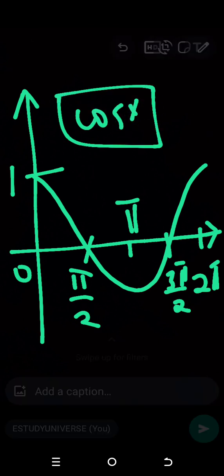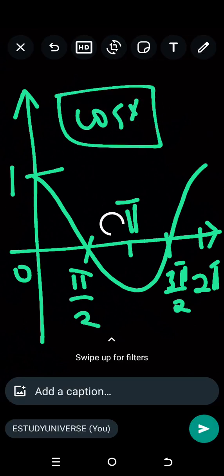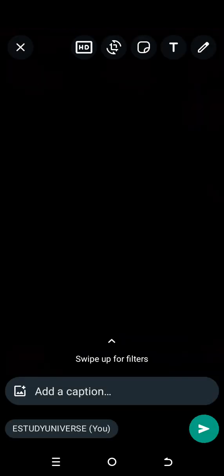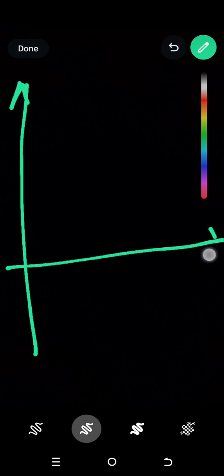Now I'm going to draw sine x. Sine x has an almost similar shape, but it rather starts at 0. So for sine x, it begins at 0.